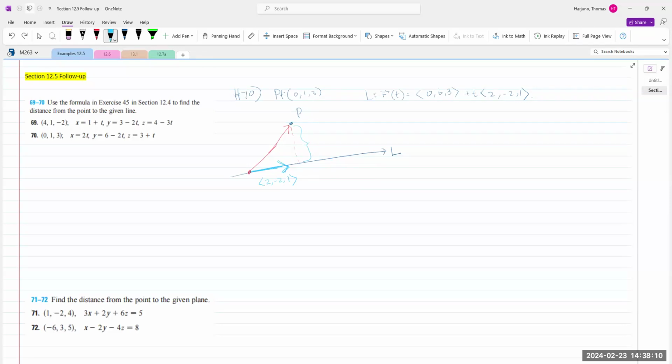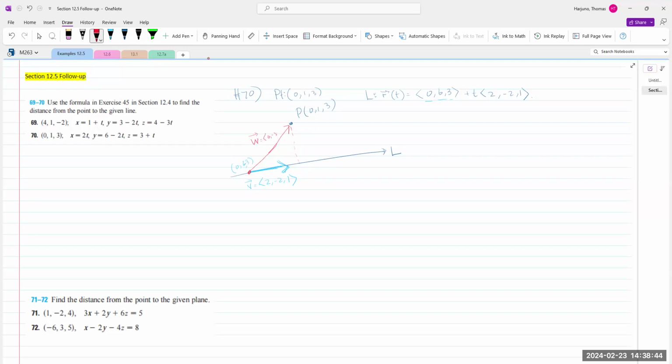So let's go back. Let's choose a point on that line, and from here we see that we have that point, (0, 6, 3), and this point P here is (0, 1, 3). So if this is vector V here, let's call this vector W, which is (0, -5, 0). Oh, wow, that's a nice number.